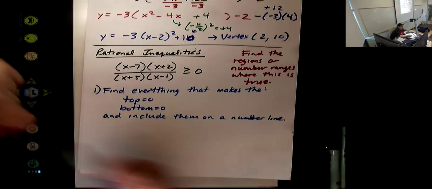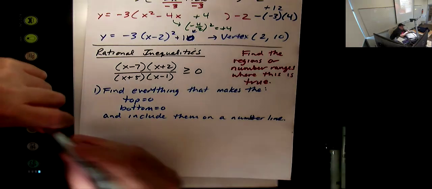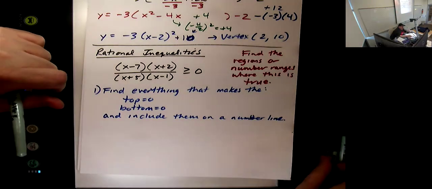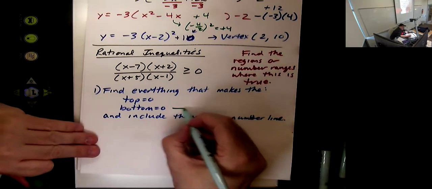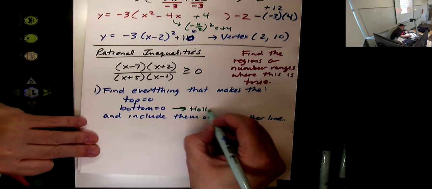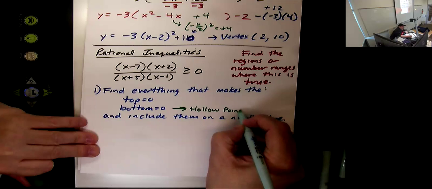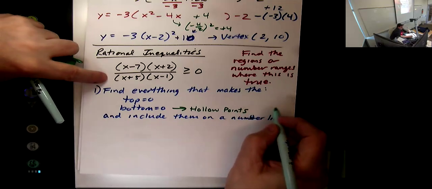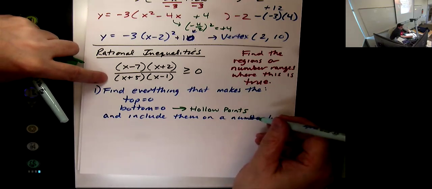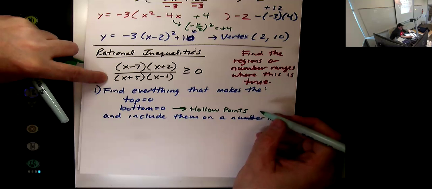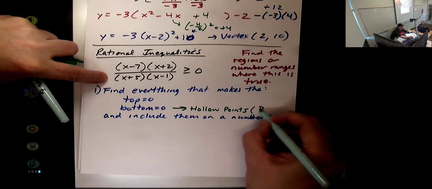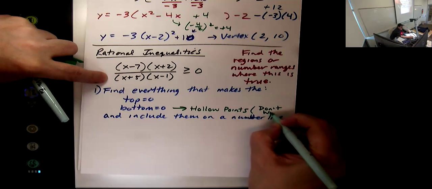The way we include them is very specific. The bottom is always hollow points, because the bottom can never equal 0, and that's what we're finding, where they equal 0. So these values don't work, but they are important for the next step.